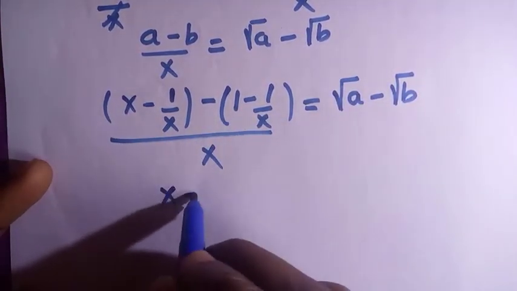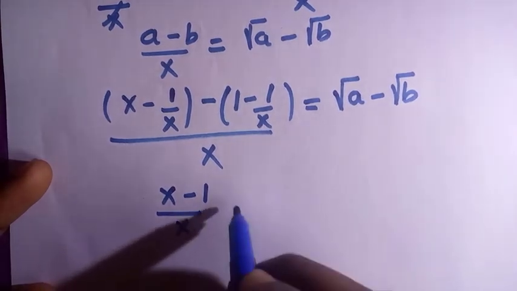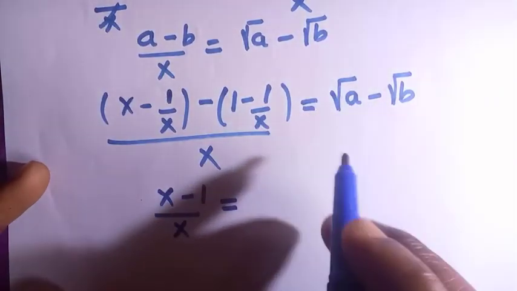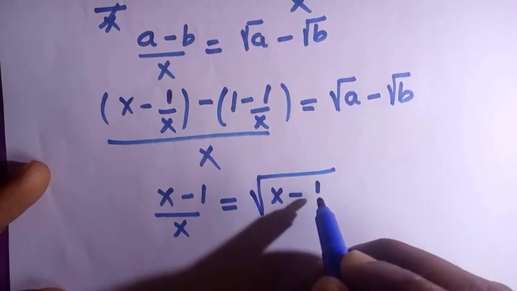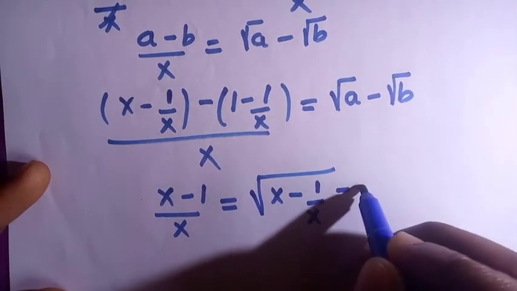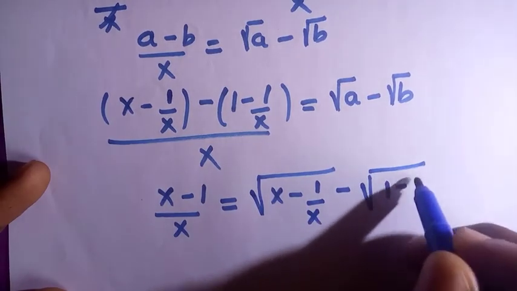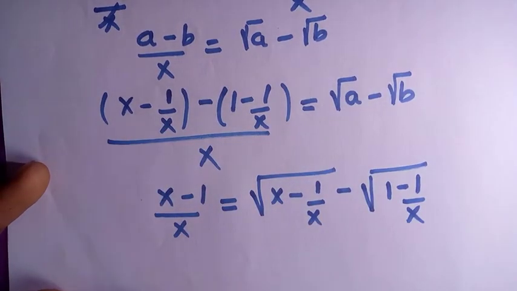So we try to open the bracket for this, so everything becomes x minus 1 divided by x equals to the root of x minus 1 over x, which is the value of a, minus the root of 1 minus 1 over x, which is the value of b.